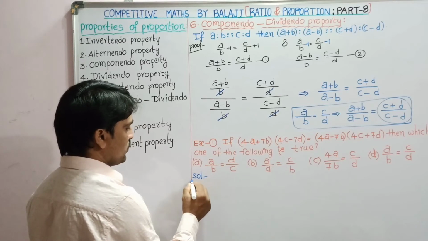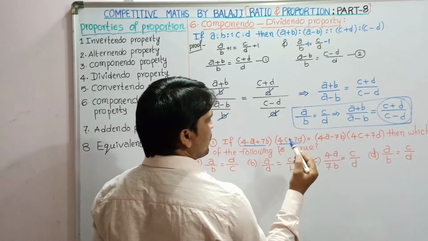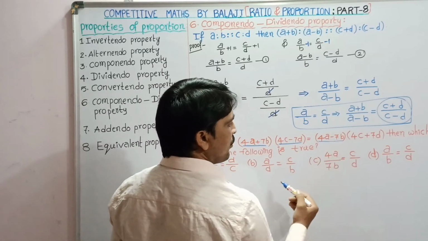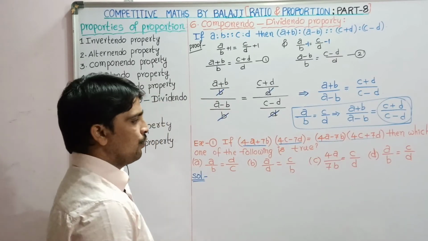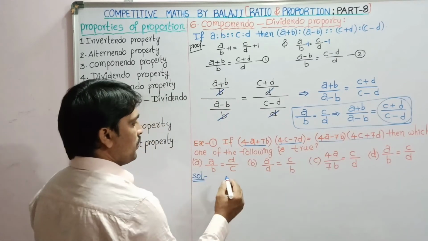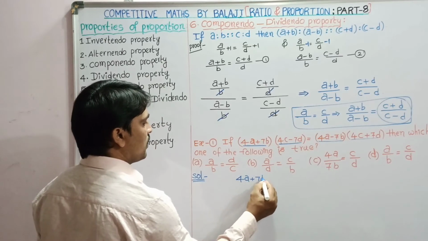Solution. Important question. If 4a plus 7b over 4c minus 7d equals 4a minus 7b over 4c plus 7d, then which of the following is true? 4 options are given. The given equation can be written as 4a plus 7b.